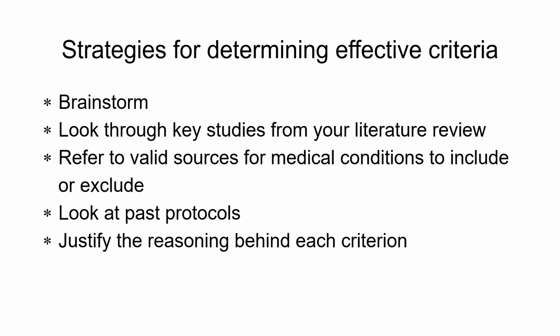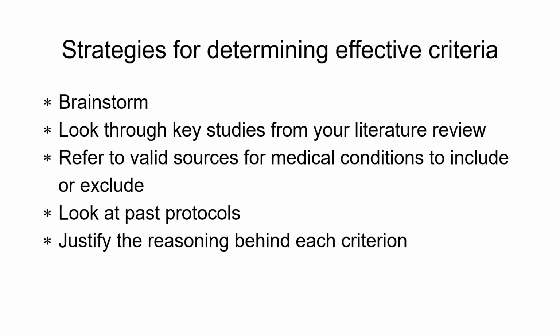These are strategies for determining effective criteria. So review your study objectives and baseline measures. Look through key studies from the literature review. Criteria from other studies similar to yours may be relevant to your study and may provide insight you may have overlooked or not thought of.